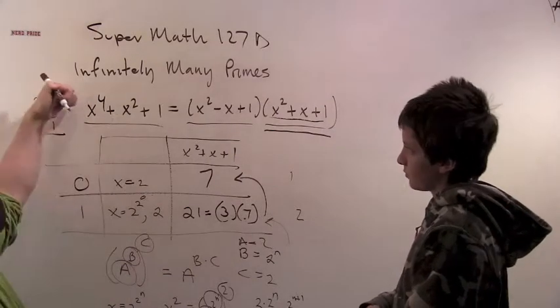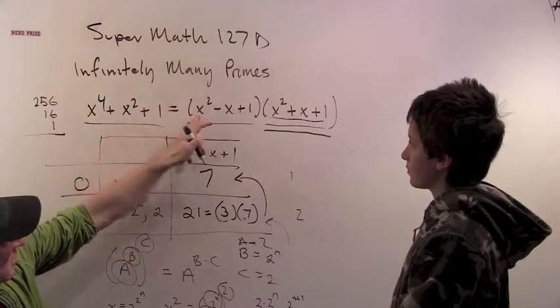So now, x to the 4th plus x squared plus 1 factors into this.